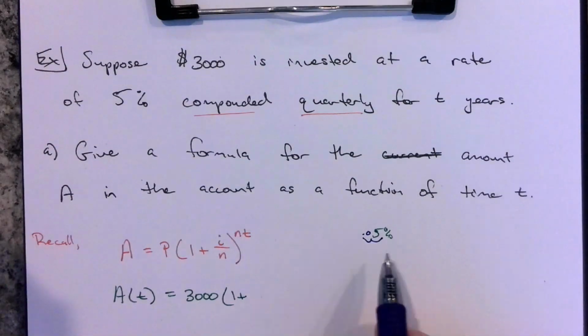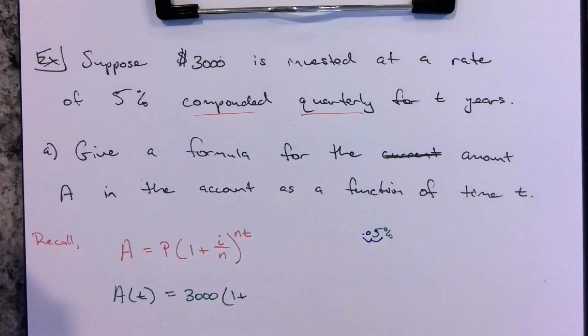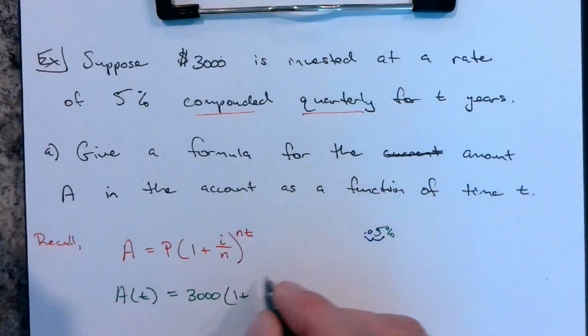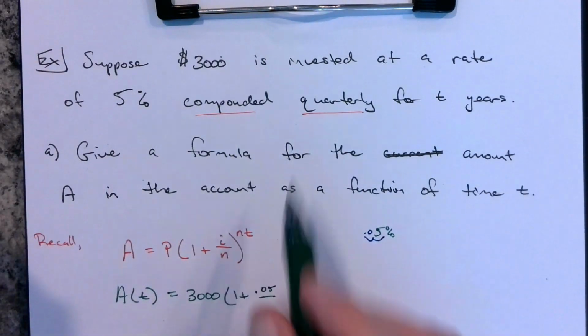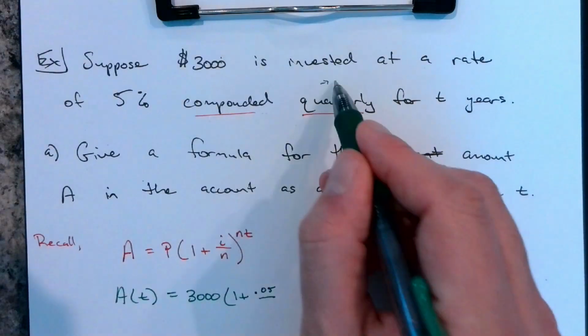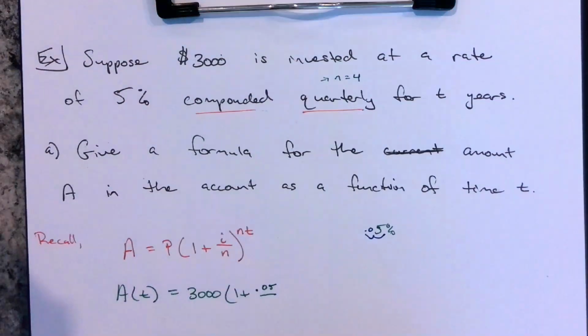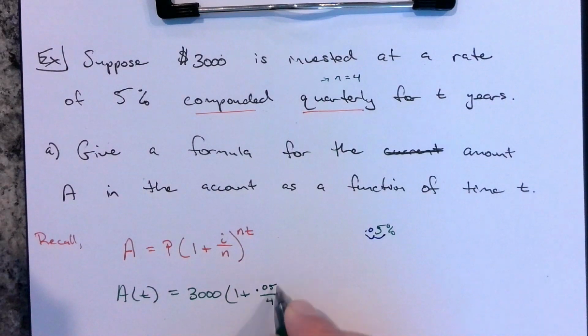You could also divide the percent out of 100. 5% out of 100 would give you 5 divided by 100 gives you 0.05. So it's 1 plus 0.05 over n. N is compounded quarterly, so n equals 4 times a year. And to the nt power, n we just said is 4 times t.